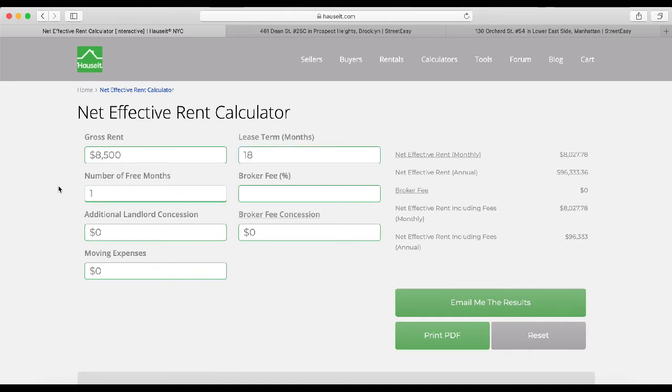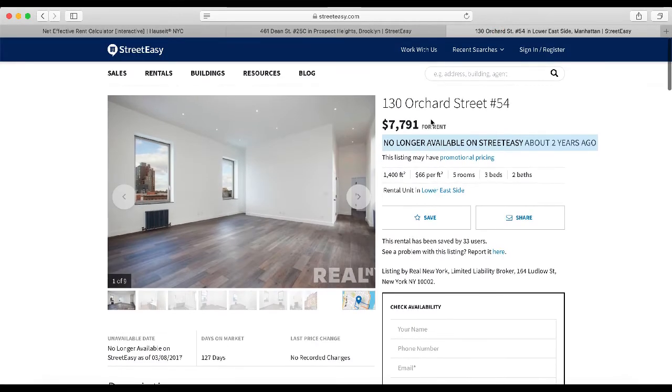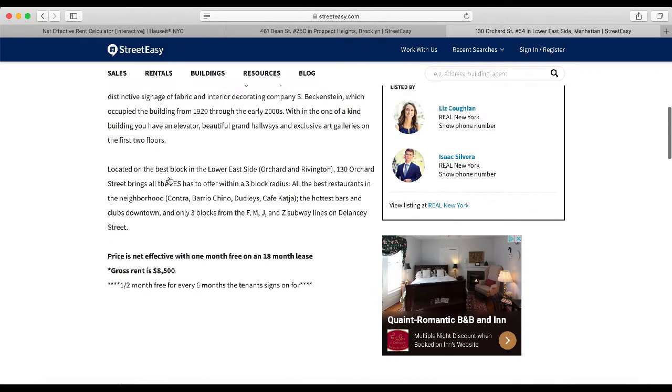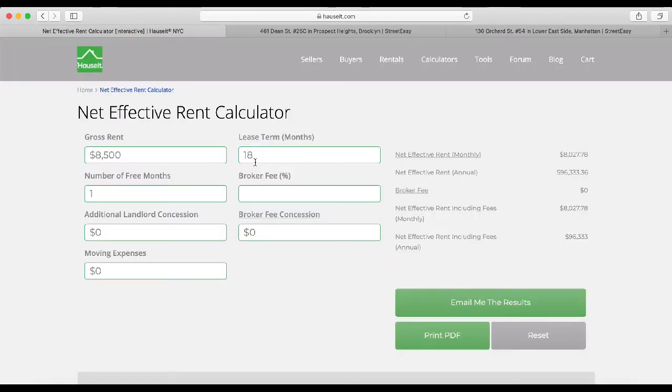So let's just start with an 18-month lease and 1 free month. And you'll see here that the net effective rent is technically $8,028. So believe it or not, this advertised price is actually incorrect. It is possible that when they did this listing originally, maybe they were more desperate on the landlord side, and perhaps they were giving 1 free month for every 12 months of a lease term.